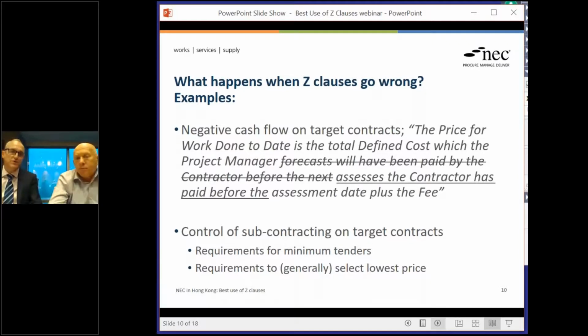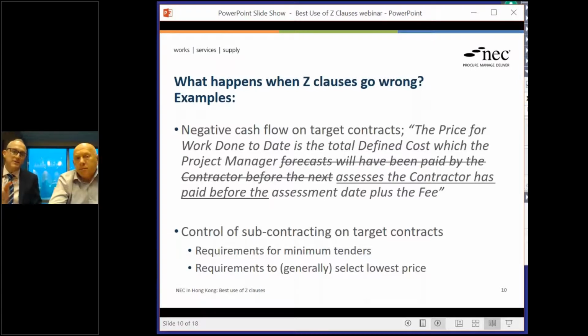And of course, that causes potential problems with delays to the works, and delays in turn to contractors getting paid for subcontract works and being able to earn their fee on that work. And contractors often don't want to appoint the lowest price. They want to appoint the party they think is going to be best for the job and bring benefits in other ways.